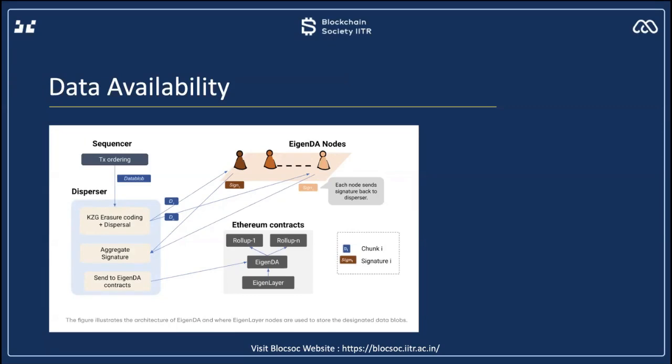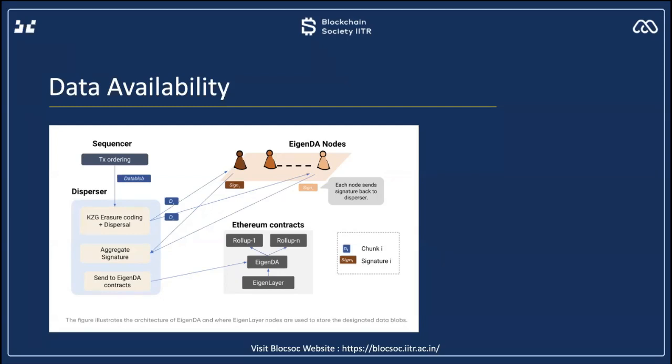Now, these operators have to submit what is called a proof of custody, which proves that they are indeed holding this data set. If they're not holding it, their stake will get slashed. That is where the slashing condition is enforced in EigenDA, and that is how you can decentralize the entire DA layer.